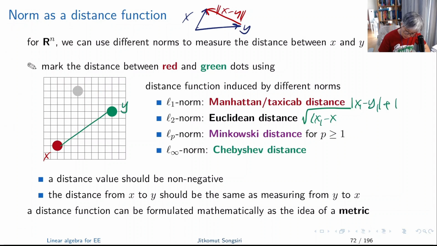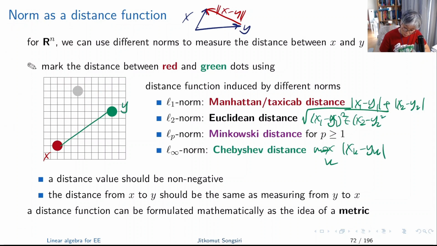Yeah, it's already correct. And for the two norm, it's supposed to be this, right? So this is the distance between 2 points. For the infinity norm, it's supposed to be the max of the absolute value of xk minus yk.